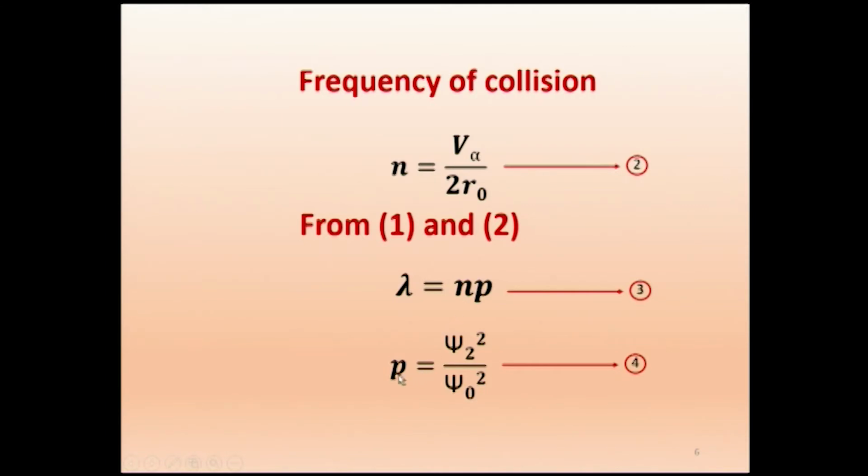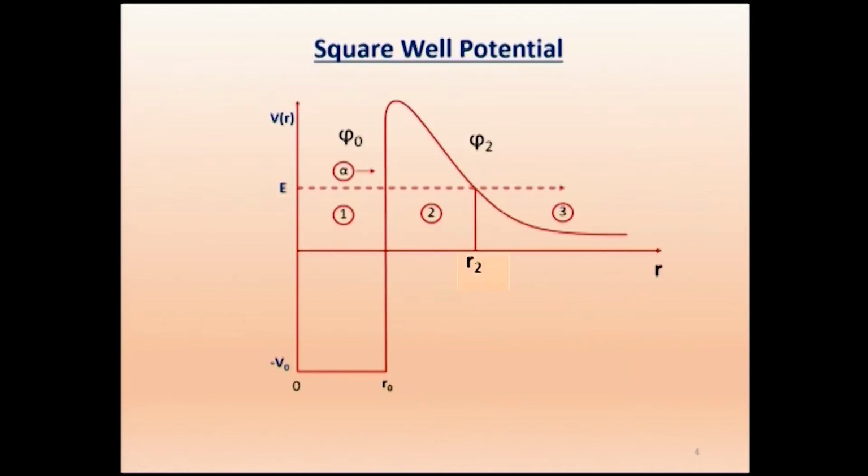This probability P can be written as psi 2 squared by psi 0 squared. What do psi 2 and psi 0 refer to? In this diagram, psi 2 refers to the wave function outside and psi 0 to the wave function inside.